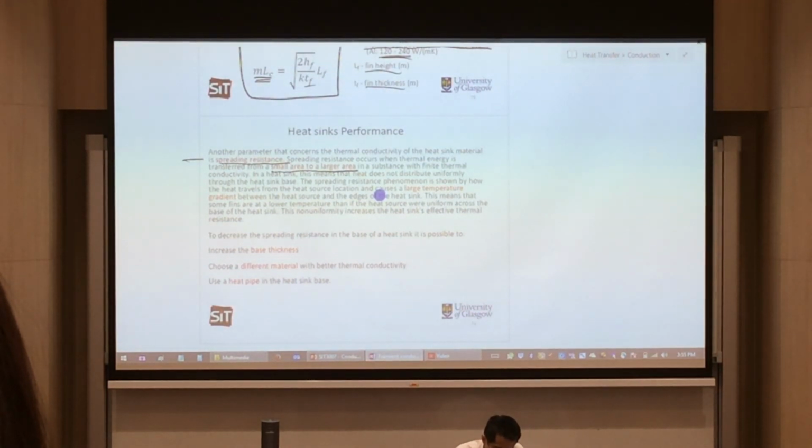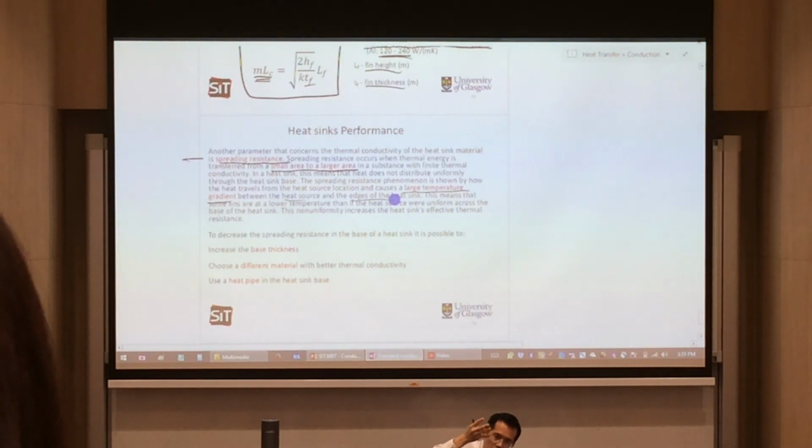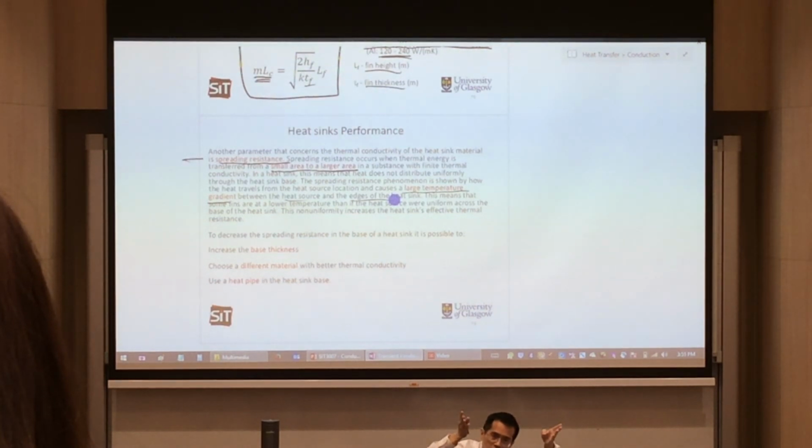The spreading resistance phenomenon is shown by how heat travels from the heat source location and causes a large temperature gradient between the heat source and the edge of the heat sink. Whenever your heat sink can afford a large temperature difference, it's desirable for this spreading resistance, because if there's a huge temperature difference, then heat can flow out.